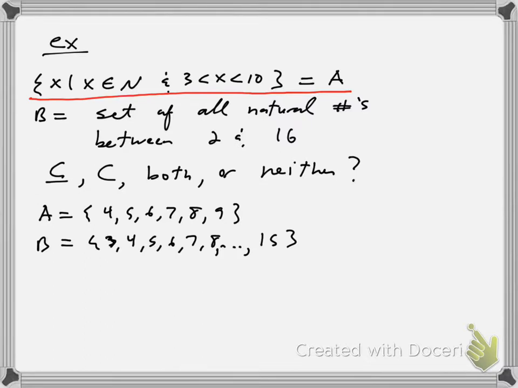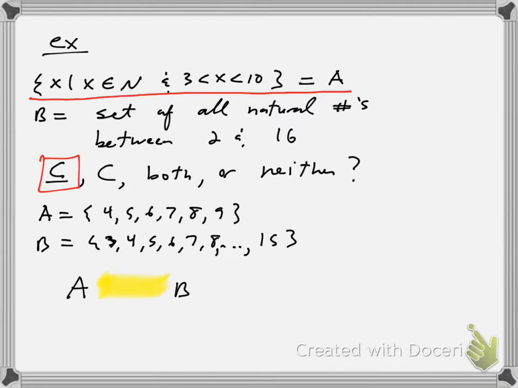So the question is, is one of these a subset? If I do A and B, I've got to fill in the blank here. If I fill in that blank, what can I put in there? Well, let's start with the first one. Let's start with a subset. Is it a subset?